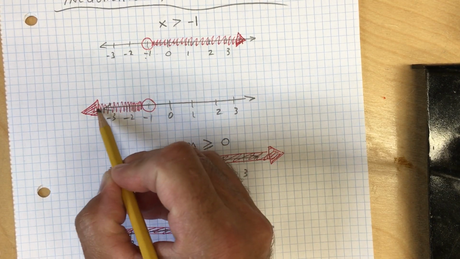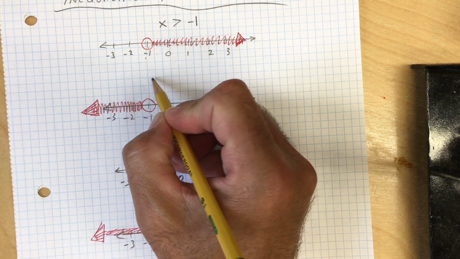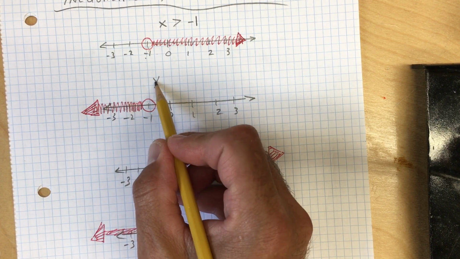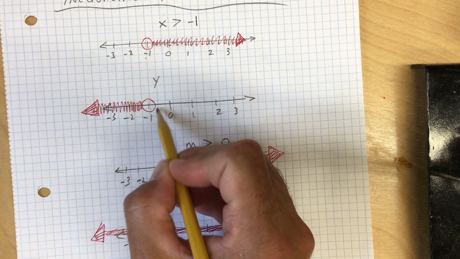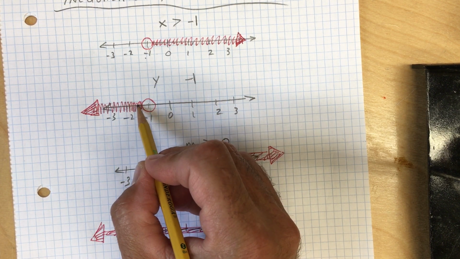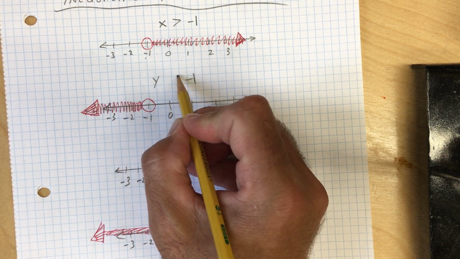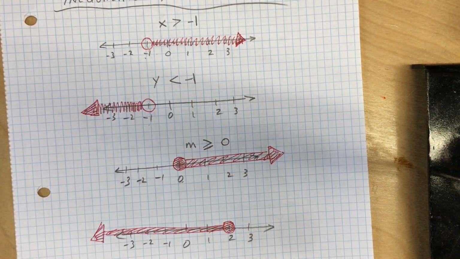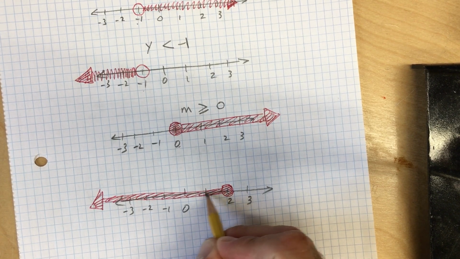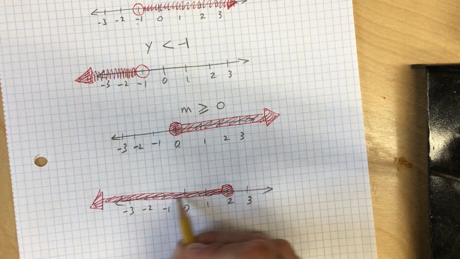This arrow goes to the left. It covers a bunch of numbers. Let's call all those numbers y. The number in the circle is -1, and we want all the numbers that are less than -1. Let's go here. We need a variable to represent all the numbers that are underneath the arrow.